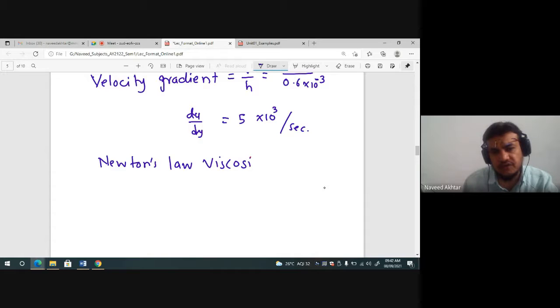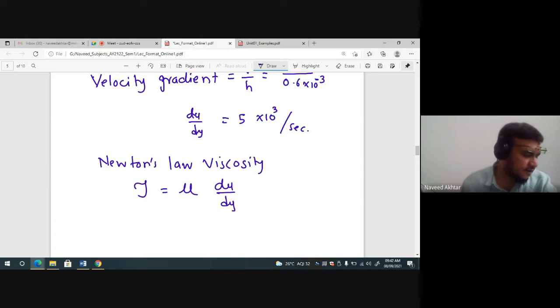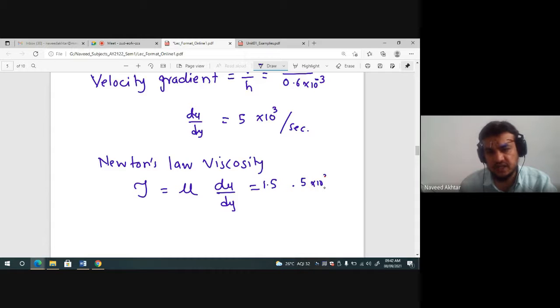What is Newton's law of viscosity? We have seen earlier, tau equals mu times du by dy. We know mu is 1.5 Newton second per meter square, and du by dy is 5 into 10 raised to 3 per second.